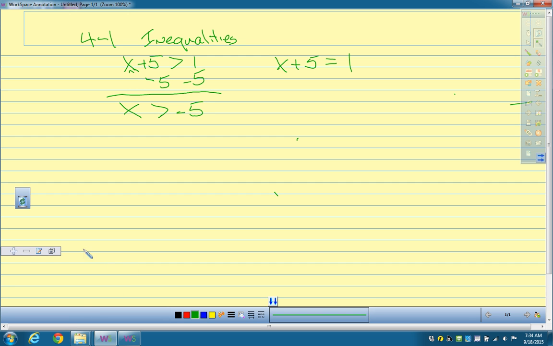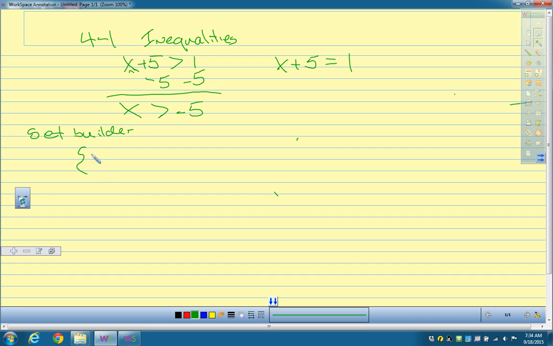And that's the solution. Now to represent that, I've never seen this, but in their book, they call this set builder notation, which we've seen already, and they describe it as a set of numbers.